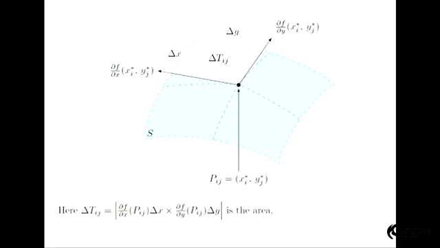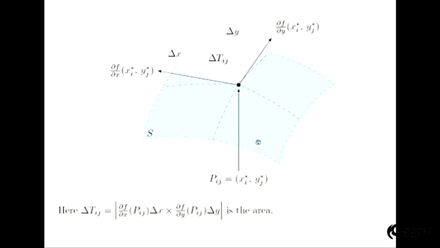Okay, so here's a picture of what we're going to try to do. Here's a piece of a surface S, and there's a point Pij on that surface. And what we want to do is estimate the area that the Pij gives, right? So we have some points, you have some delta x and delta y, and now we need to estimate the area given by that square.